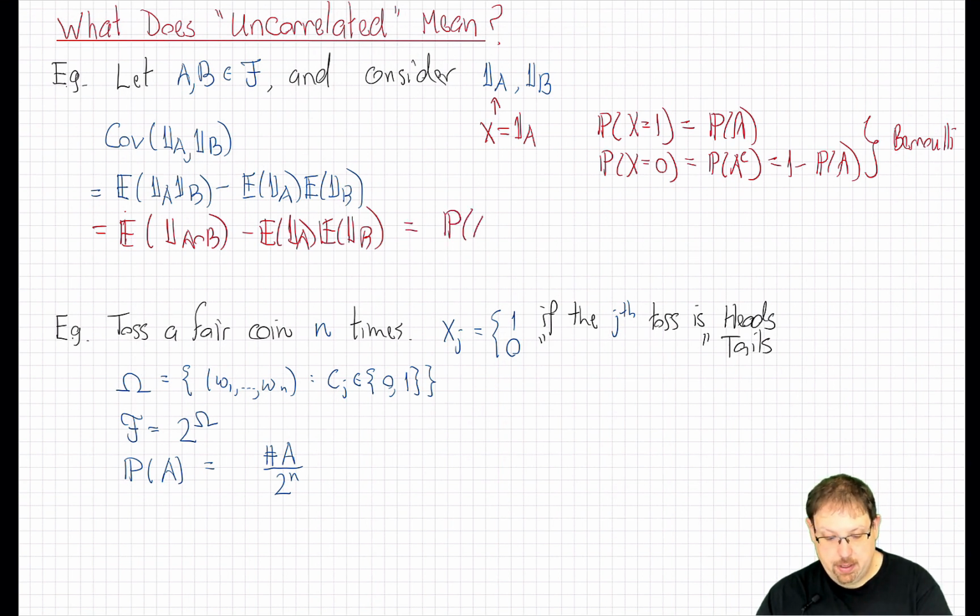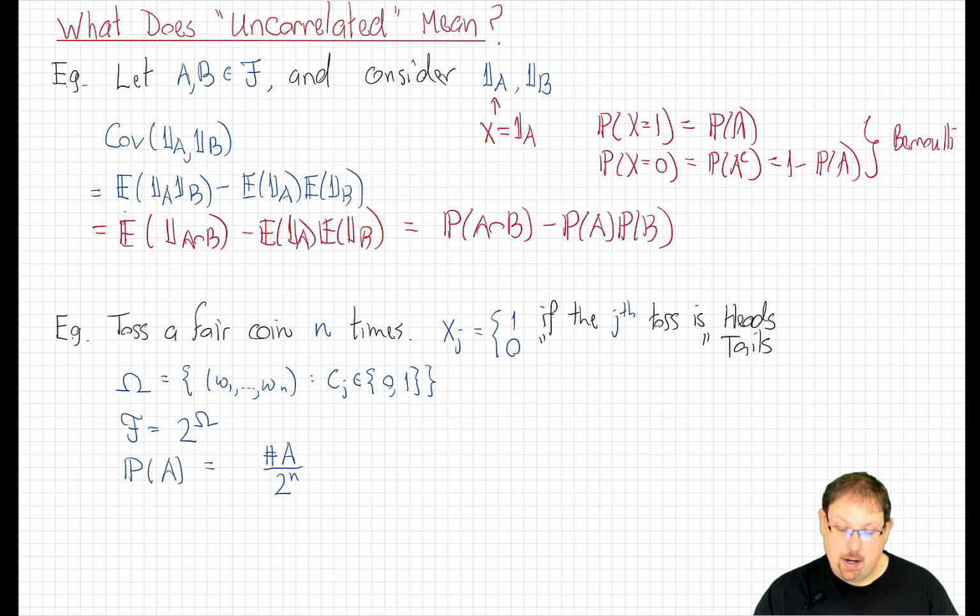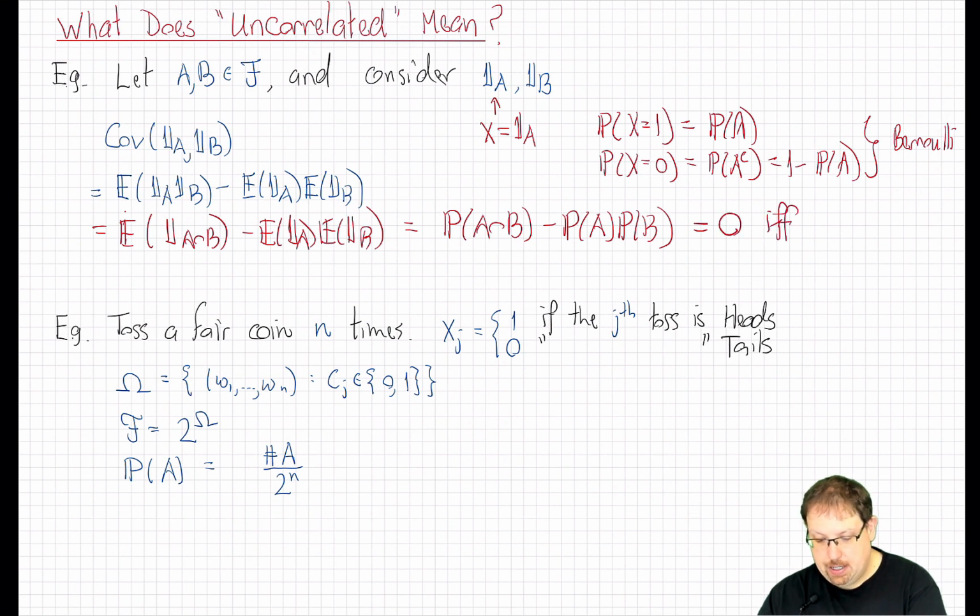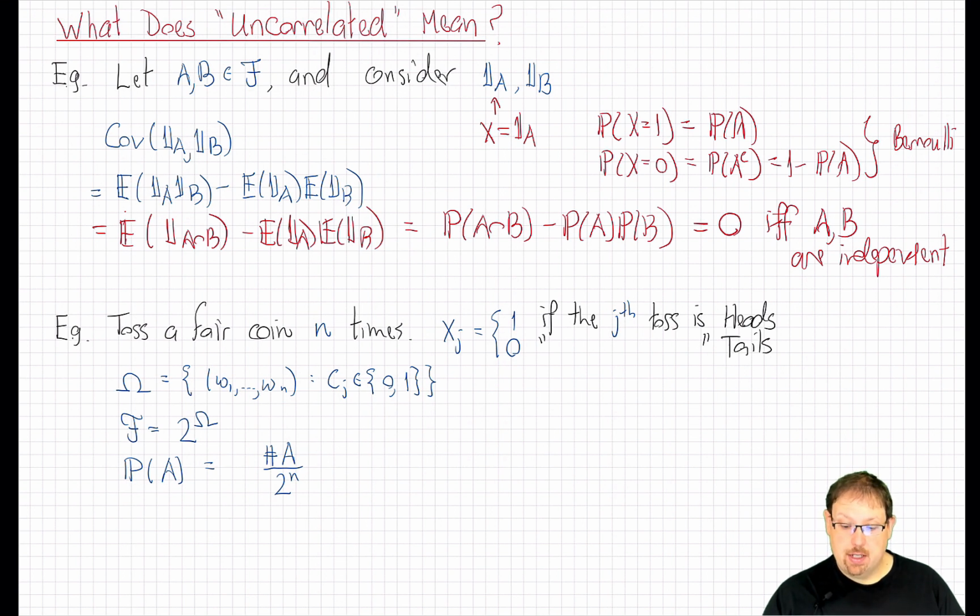This is the probability of A intersect B minus the probability of A times the probability of B. That's the covariance of two Bernoulli random variables. And you should recognize that this being 0 is the same thing as saying that A and B are independent events. We will get to independence relatively soon, but you've certainly seen what independence of events means. It means that the probability of their intersection is the product of their probabilities.